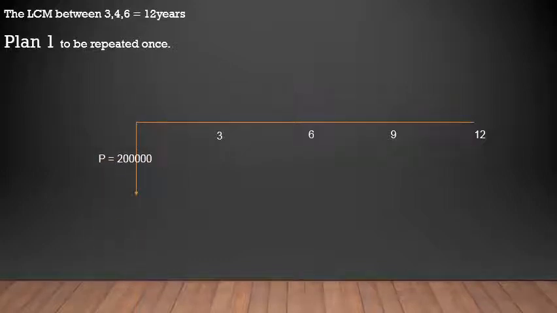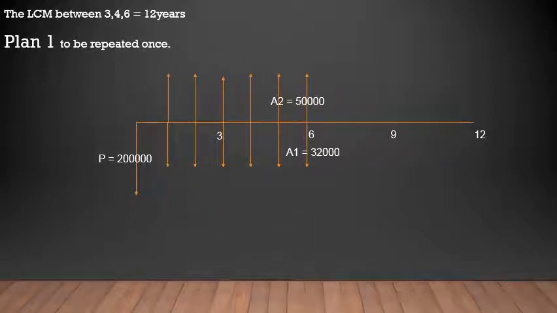So initial cost of 2 lakh and the annual operating cost of 32,000 and annual revenue of 50,000, the salvage value of 25,000. This is the first cycle's cash flow diagram. There is no problem in this.